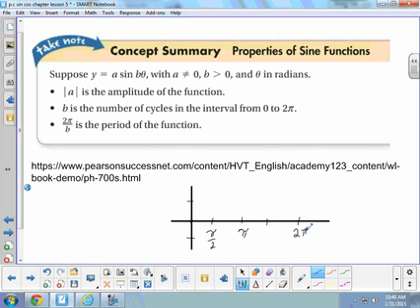Between pi and 2 pi would be 3 pi over 2, or 1.5 pi. It's always going to start at a 0, to a max, to a 0, to a minimum, to a 0. That's going to be important for a sine curve. So 0, max, 0, min, 0.